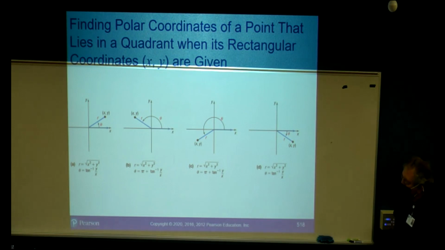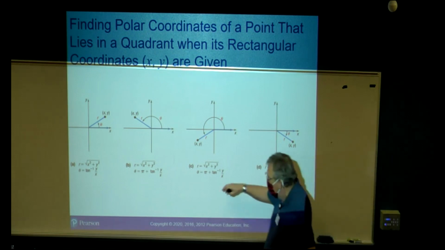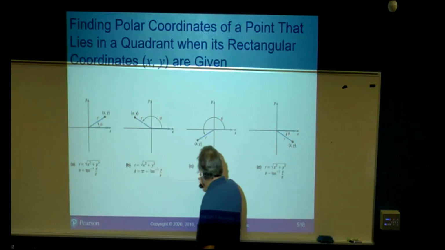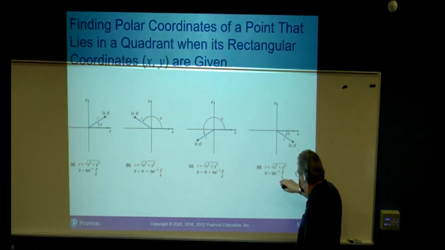So here are things to look at. If you know what quadrant you're going to be in, then you need to determine, am I going to add pi to the inverse tangent, or am I just going to use the inverse tangent?